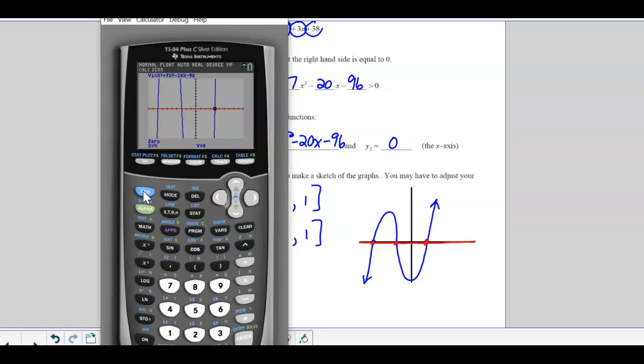Another way that I do it, looks like it's an exact value. Fast way, that to me looks like 1, 2, 3, 4, 5, 6, 7, 8, -8. So if I am in trace mode, so I see my cursor, I'm on the function, and I think it's -8.